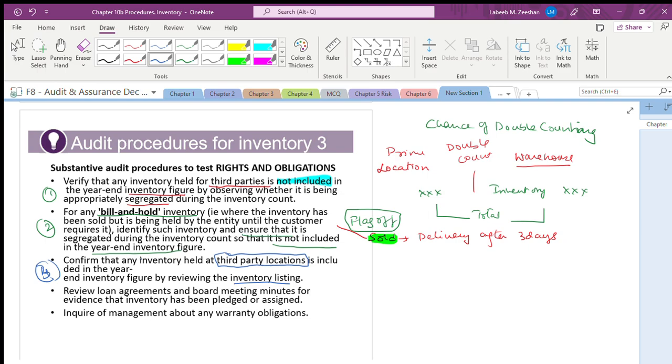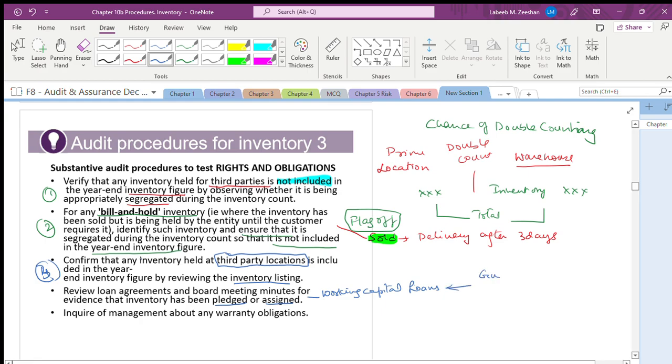Review loan agreements or board meetings to see whether the inventory has been pledged or assigned. Usually, companies take working capital loans, and they give a guarantee.